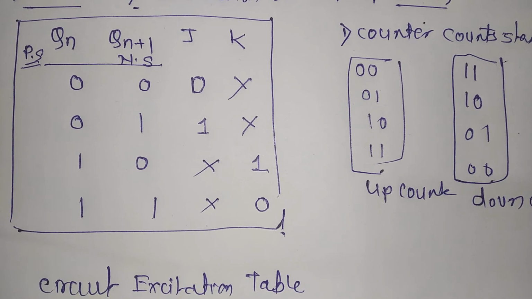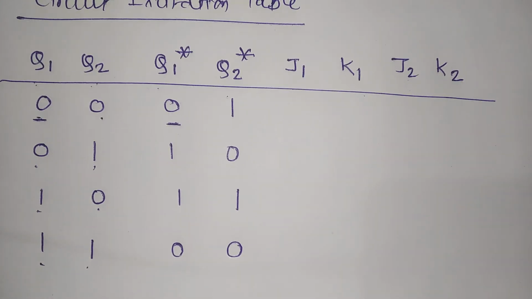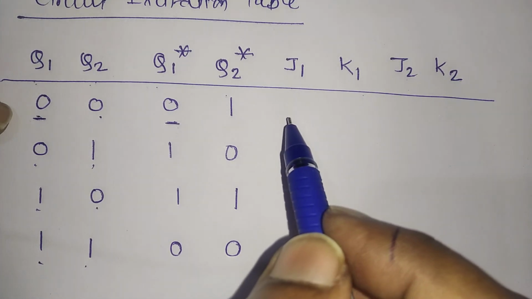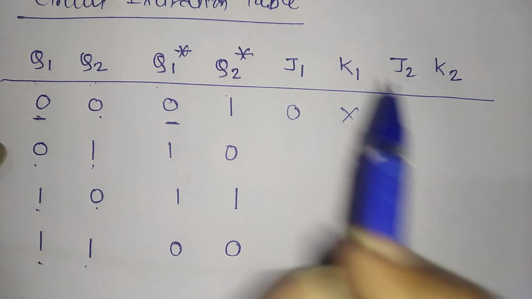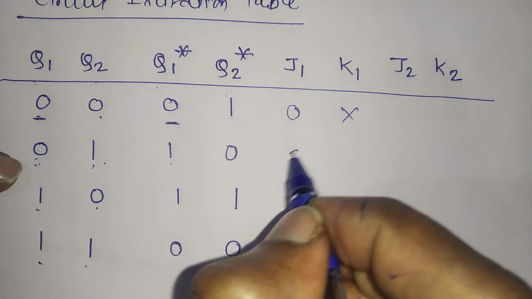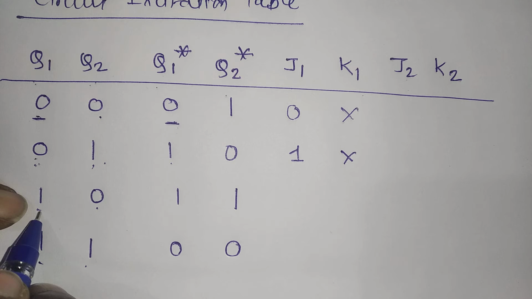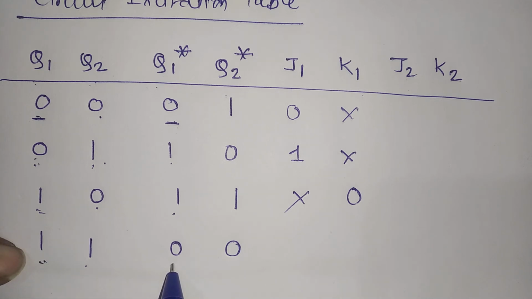So in the excitation table, if there is 0 0, then J is 0, K is a don't care. 0 1, J is 1, K is a don't care. 1 1, J is a don't care and K is 0. 1 0, then J is a don't care and K is 1.